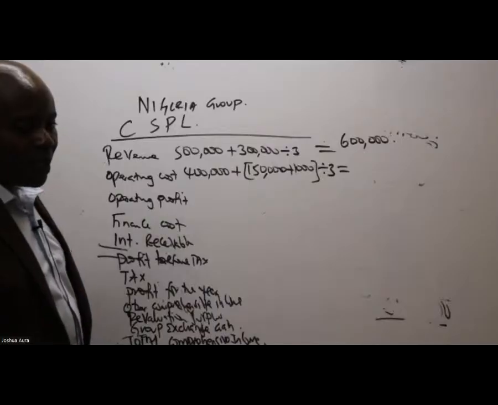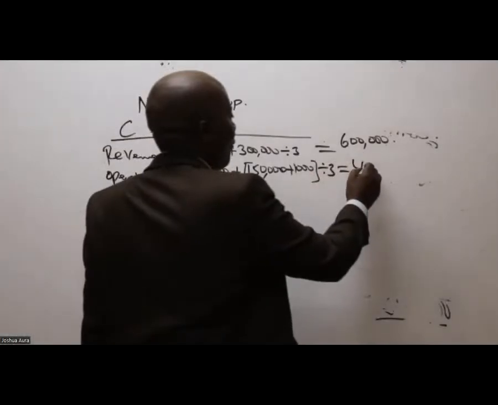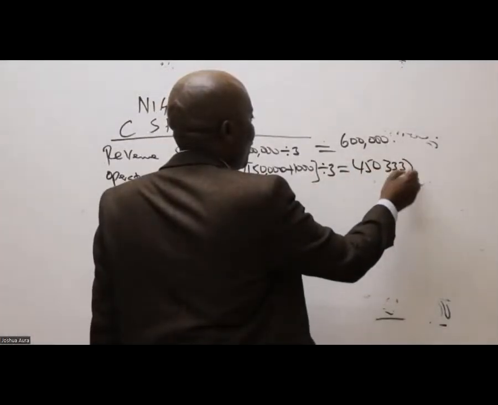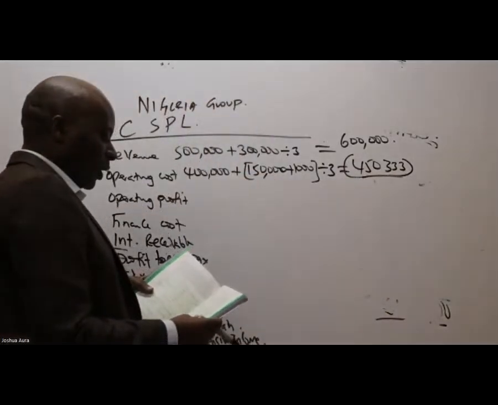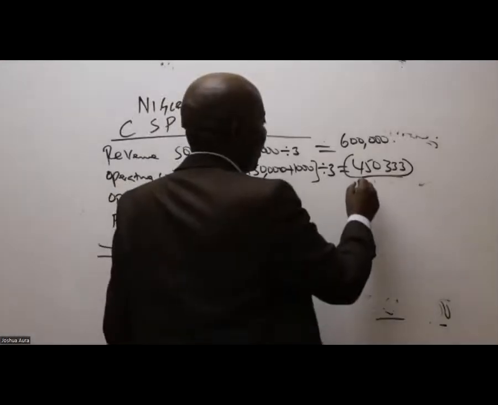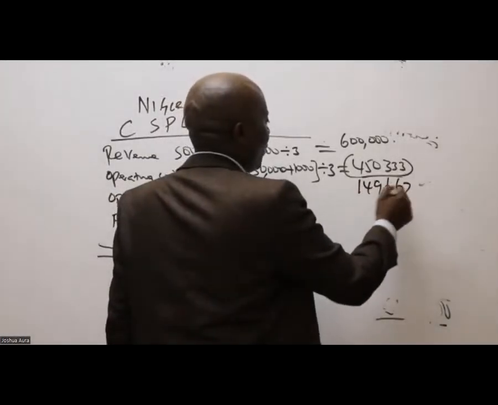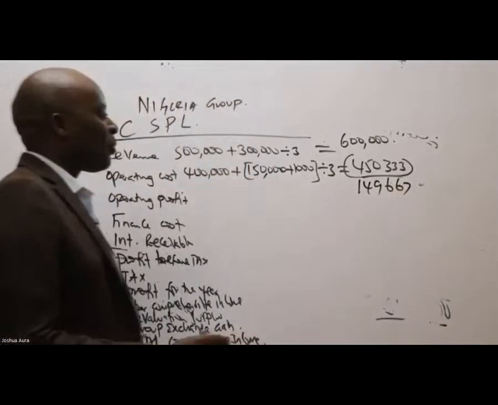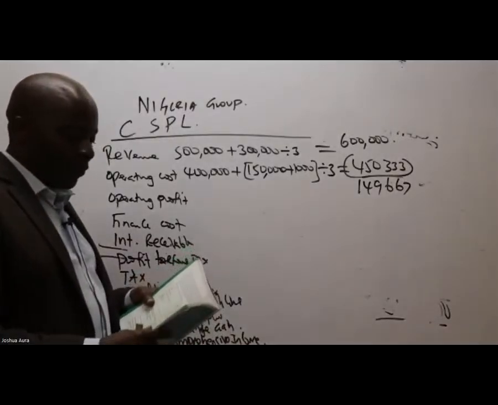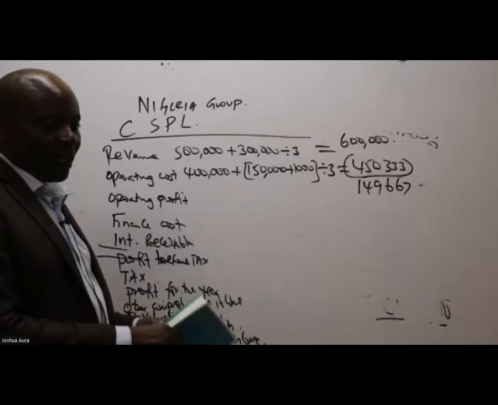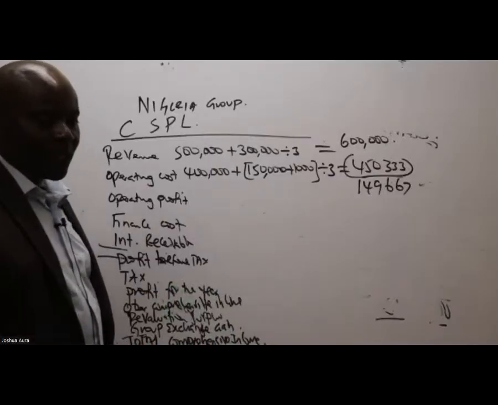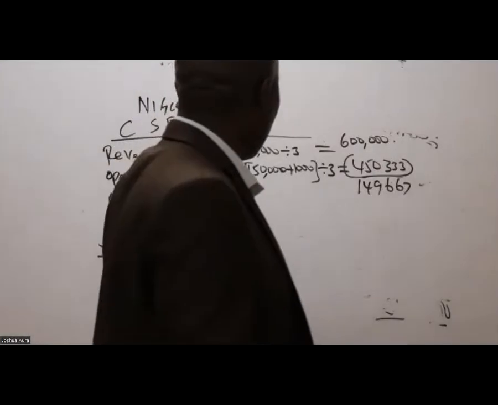You have 450,333. And if you subtract here, now we shall be able to get our operating profit of 149,667. Will you kindly confirm this operating profit? Yes, 149,667.